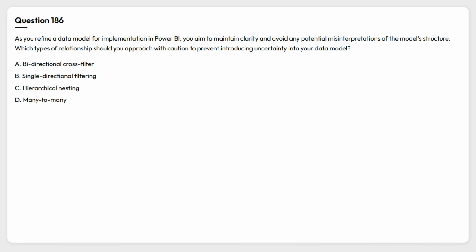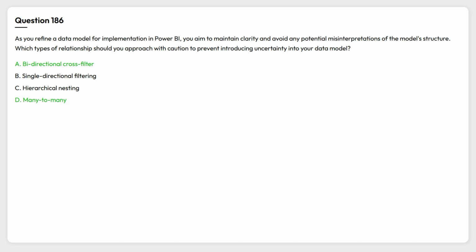Option A: bidirectional cross-filter. Option B: single directional filtering. Option C: hierarchical nesting. Option D: many to many.